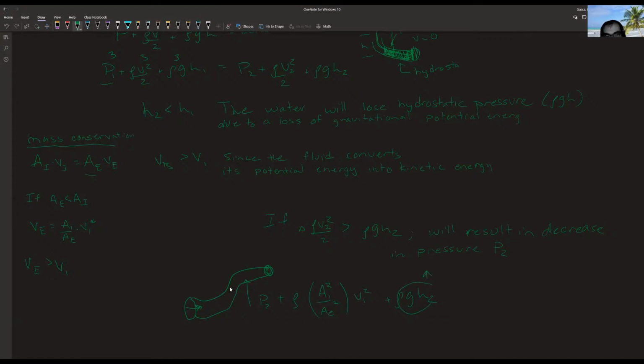Now here, if I make it much smaller, like let's say I make the exit area really tiny, this velocity is going to shoot up really quickly, which is going to cause this kinetic energy to increase due to that decreased area to match flow rates. So what will happen is this pressure here will have to drop. So this part here doesn't even have to change per se.